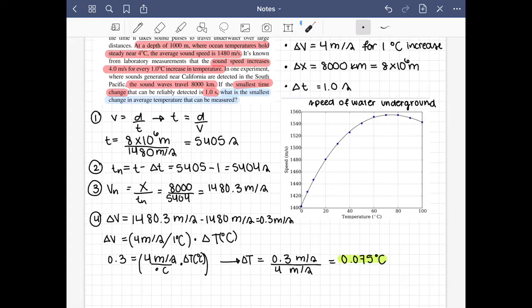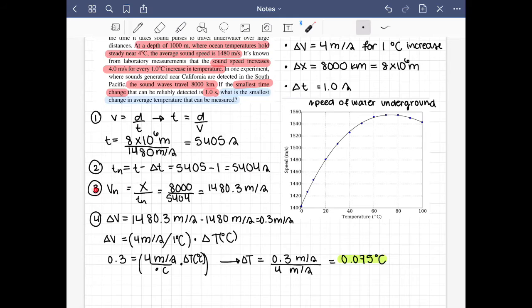So to get the new time of how long it's going to take the wave to travel the 8 times 10 to the 6 meters, we can subtract 1, the time changed by 1. So the new time is equal to the time that we just found minus the change in time, which is going to give us 5,404 seconds.